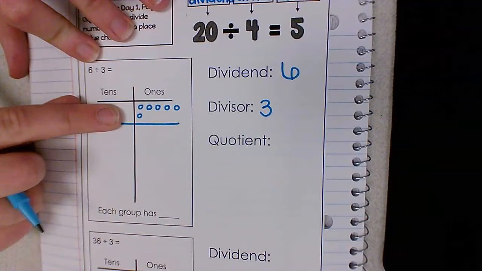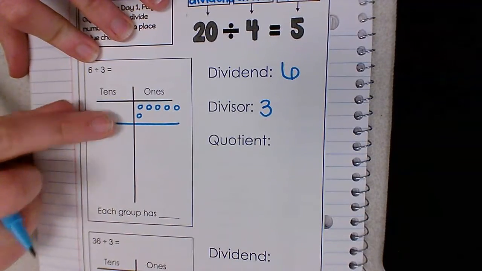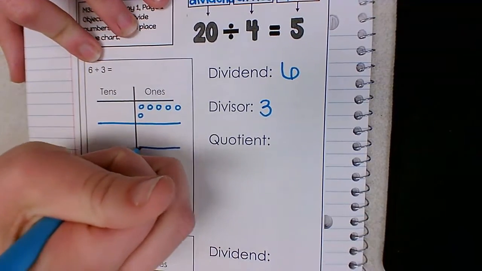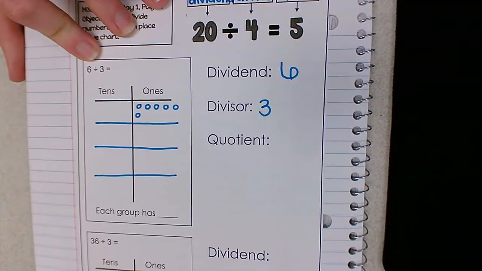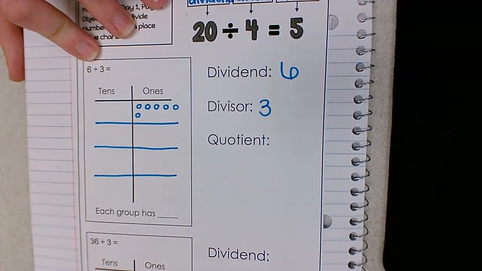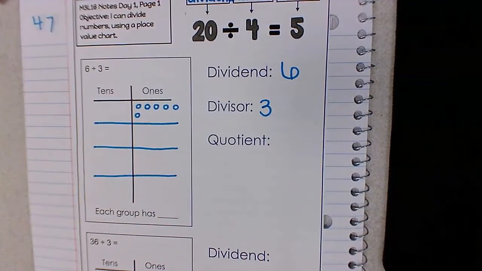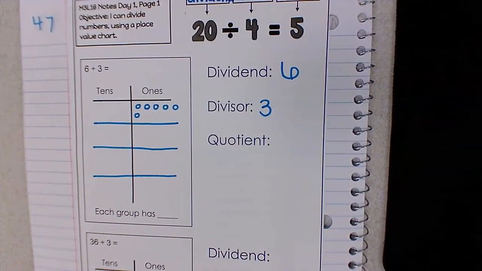I want to break apart our dividend into 3 equal groups. Here's one group, 2 groups, and a group below down there. The rule of division is that groups must be equal. Just like in multiplication, this only works with equal groups.